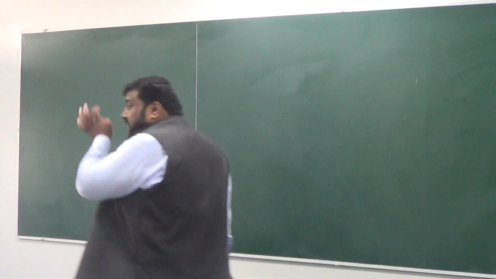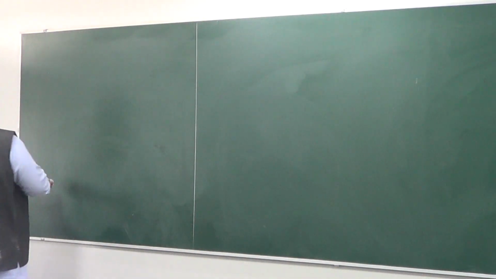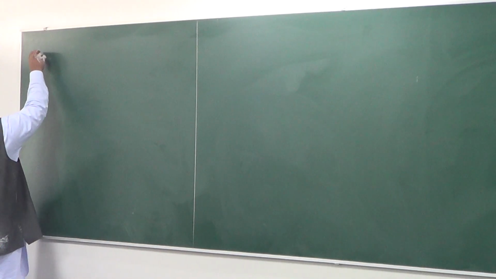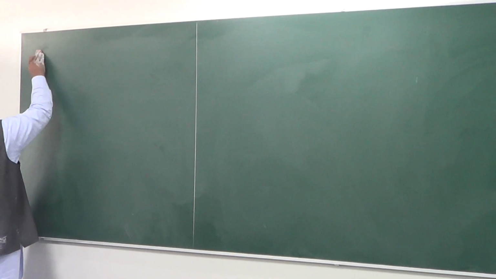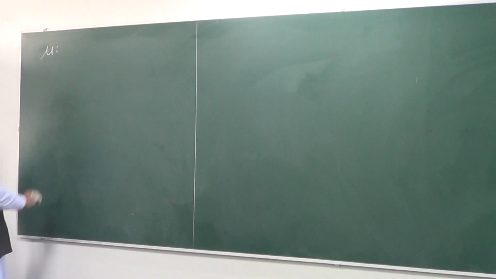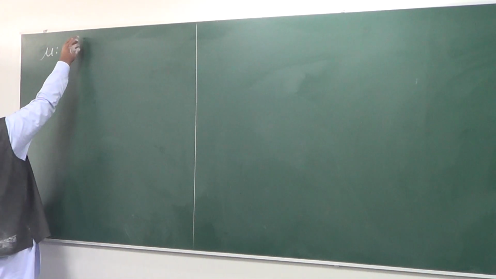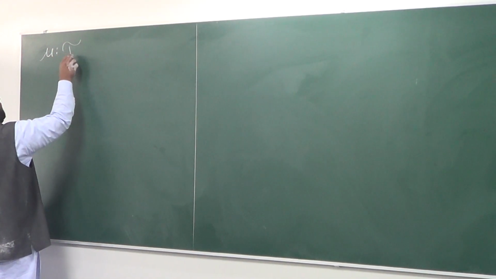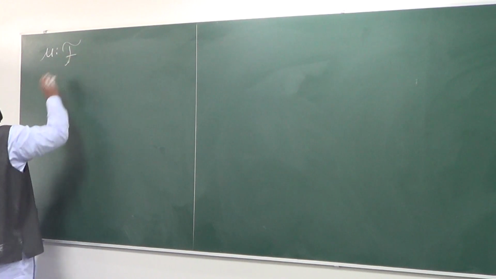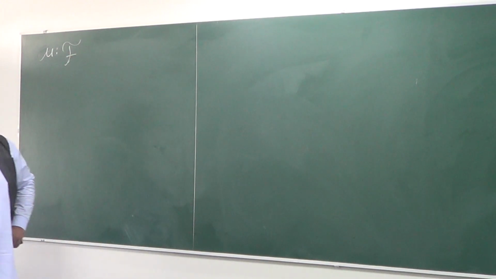The next thing that I'm going to define is the so-called measure. So consider a map, mu, from the sigma-algebra.